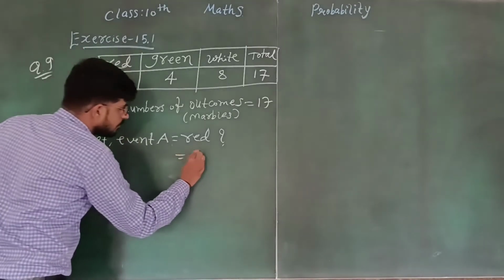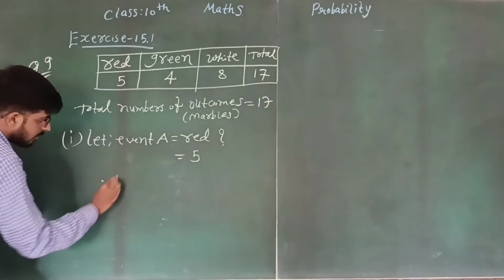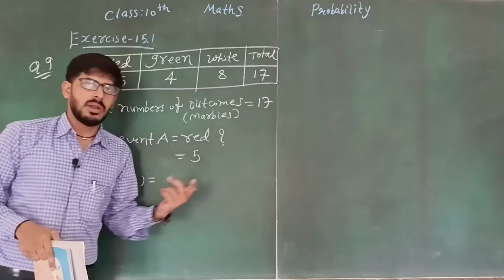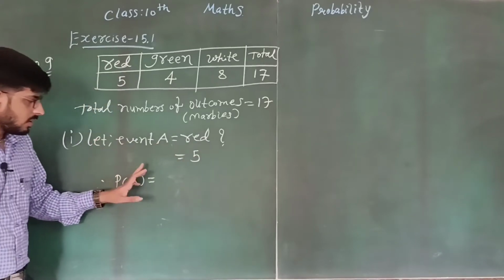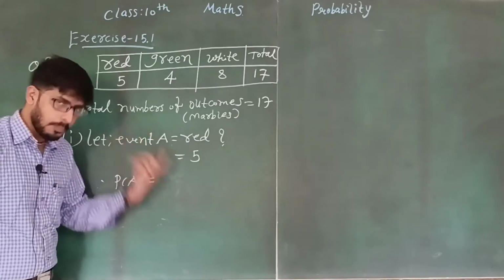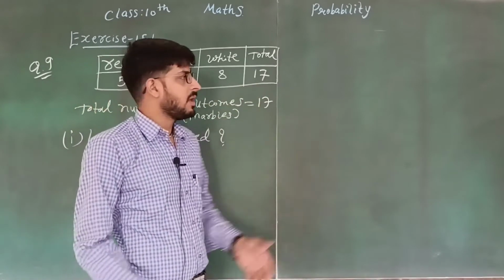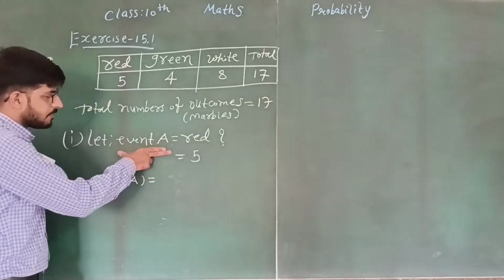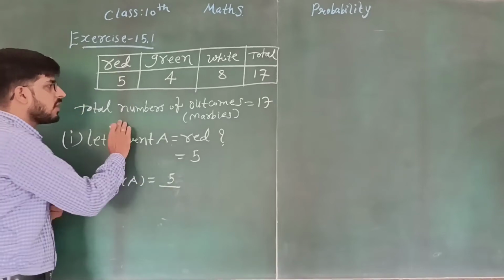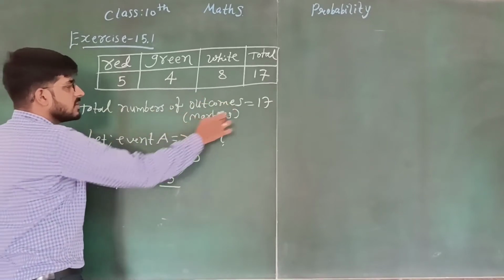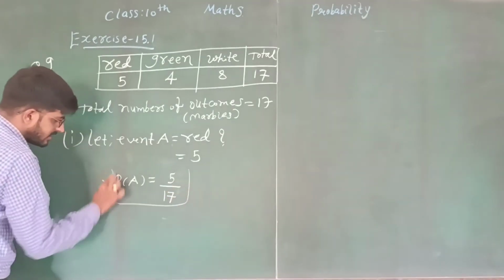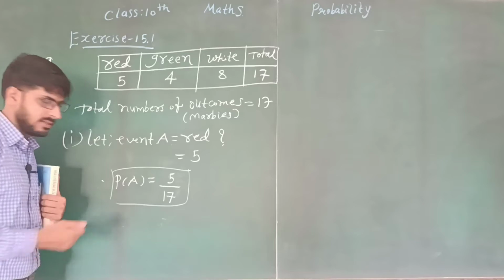Therefore the probability of A is favorable outcomes of event A upon total number of outcomes. Favorable outcomes of event A is 5, and total number of marbles is 17. So we get 5 by 17 as the answer. Is it clear?